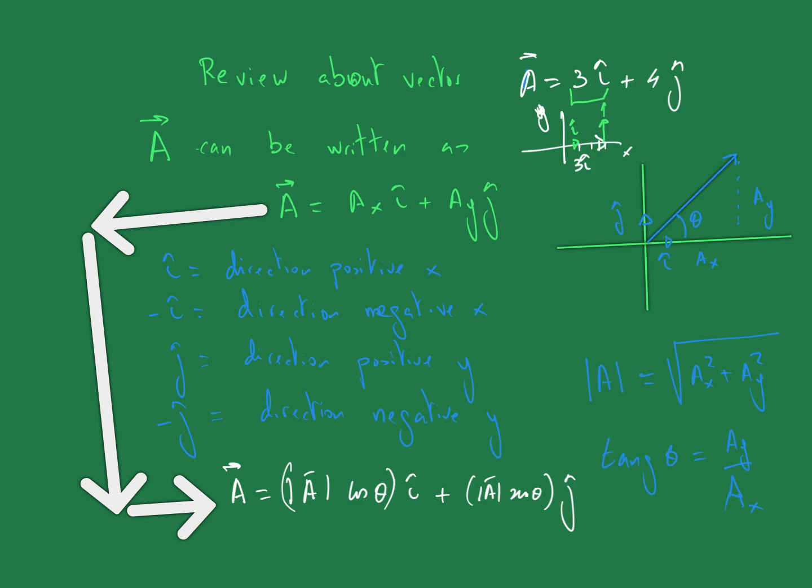When you sum 3i with 4j, you obtain the vector A. So the vector A can always be written in this form, AX in the x direction, AY in the y direction. So the vector I is in the positive direction of x, and the vector J is in the positive direction of the axis y.